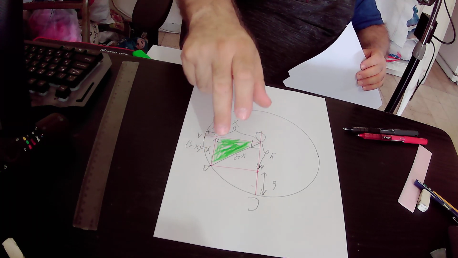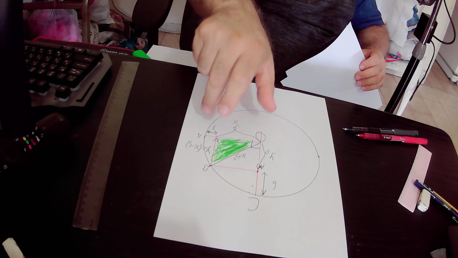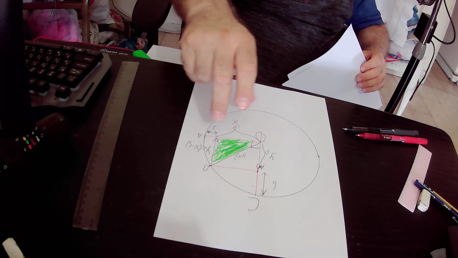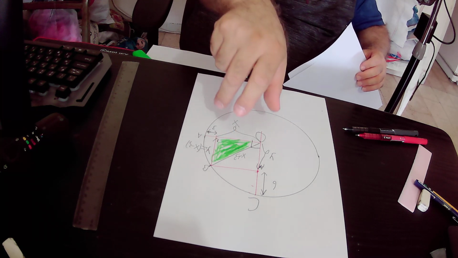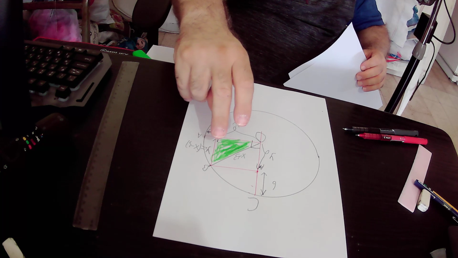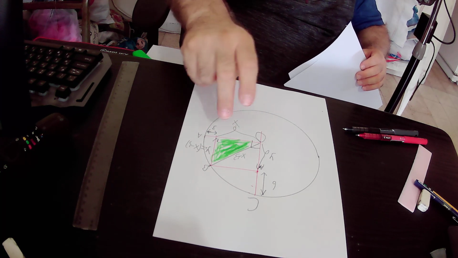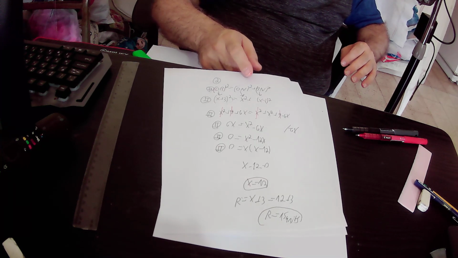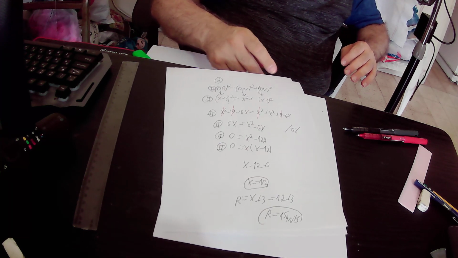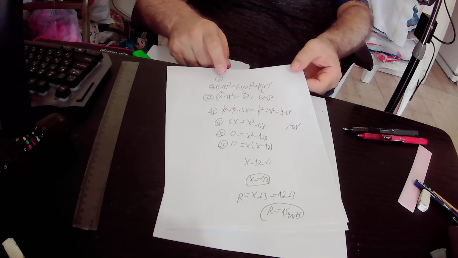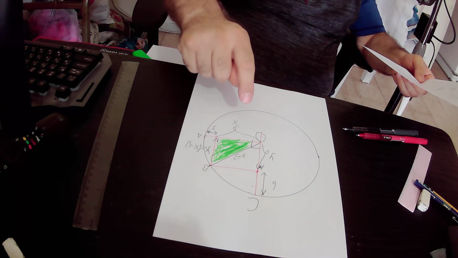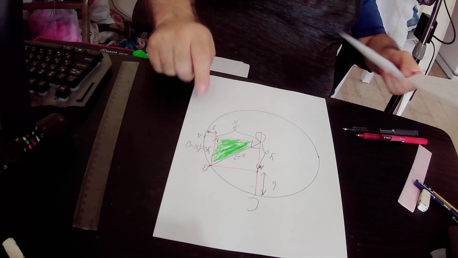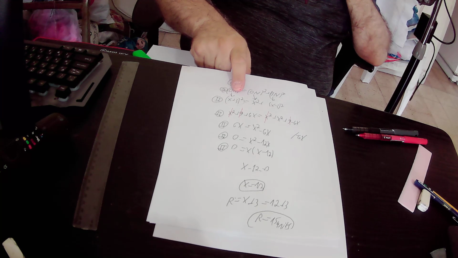So OB squared equals ON squared plus NB squared. But we know that OB equals x plus 3, ON equals x, and NB equals x minus 3. So we can put the data inside equation number 2.